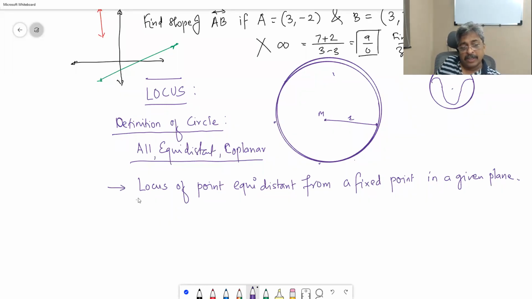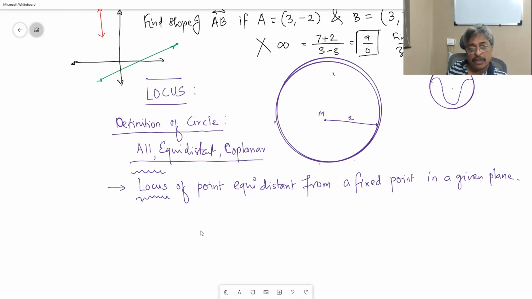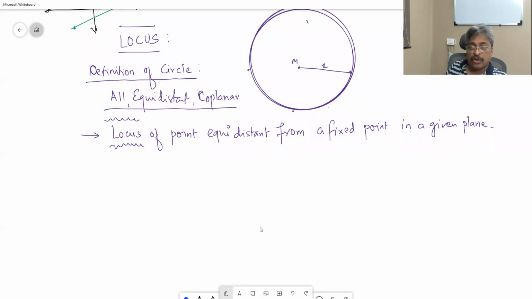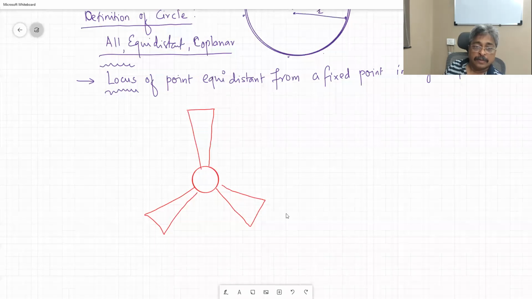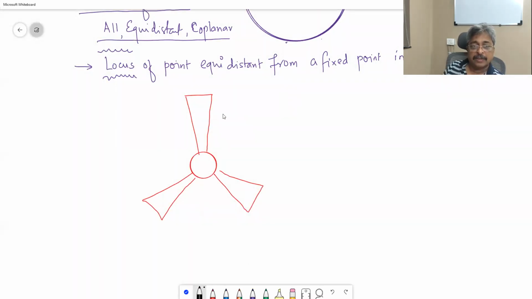So this word locus is important. And for explaining locus, when I was teaching geometry, I used to draw a couple of pictures like this. I will draw one of them today. Suppose I have a ceiling fan, and you have an insect sitting here.